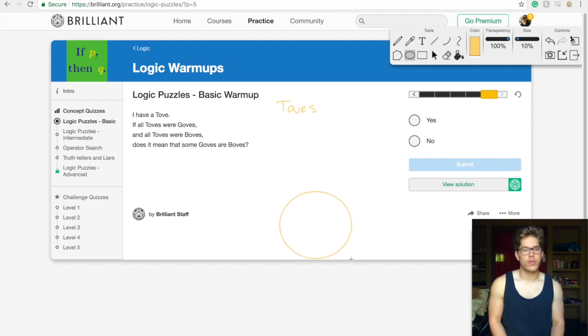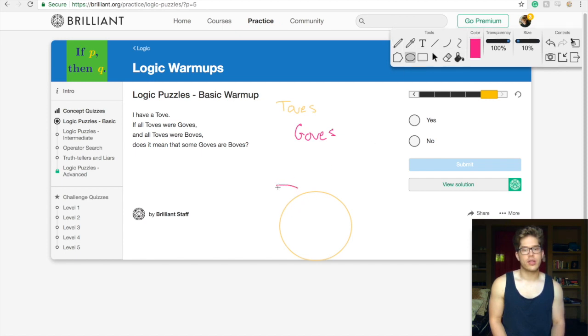If all toves are goves, we'll have goves in this color. If all toves are goves, then the tove circle is all the way inside the gove circle.